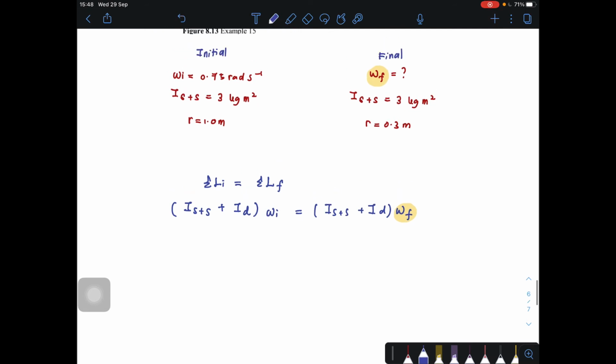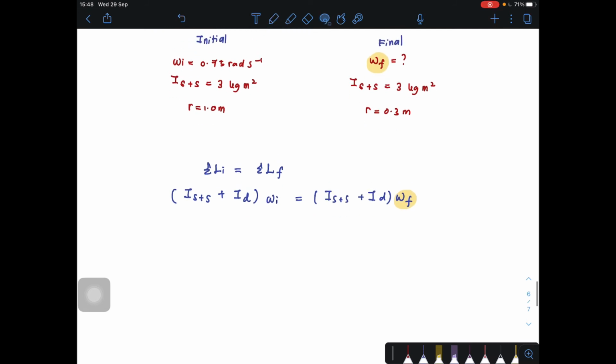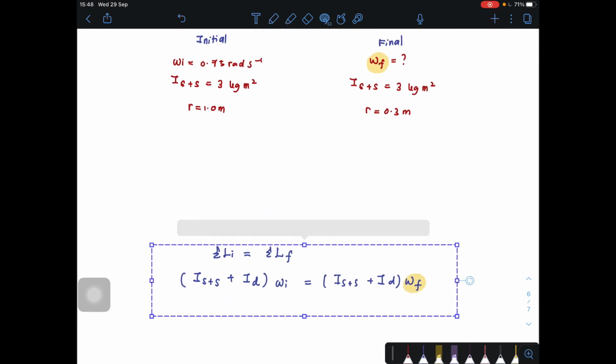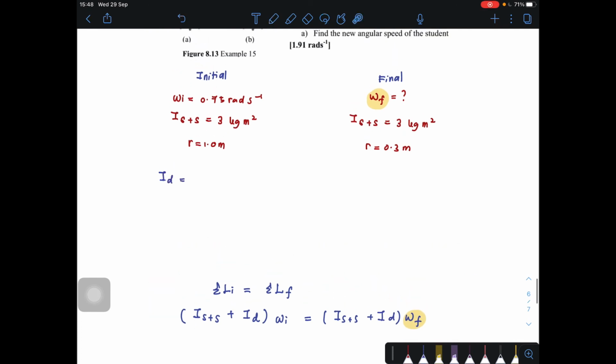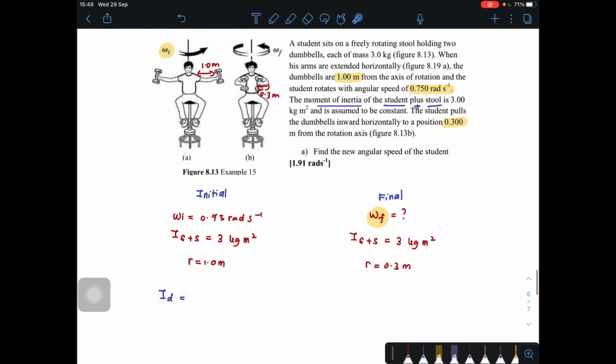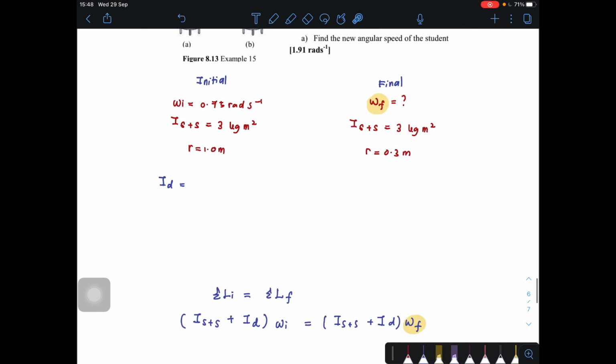So, we have to find the moment of inertia of the dumbbell first. Okay. So, for the dumbbell, it will be different, because the position of the dumbbell initially is at 1 meter from the axis, and then at final, it is 0.3 meter. So, there will be a difference here. So, write the formula mr square.